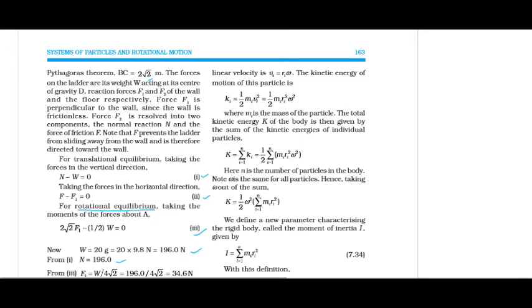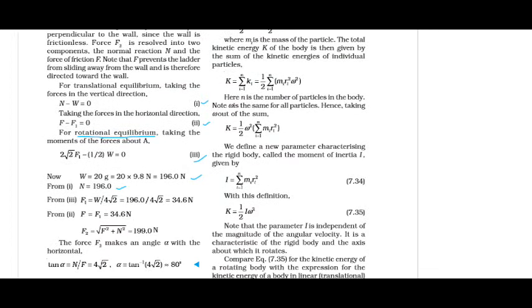Putting this value in equation 3 we can find the value of F1, and from 2 we can find the value of F. And we can find the angle if tan alpha is equal to N by F. Therefore we know N and F, so we can find the value of alpha, that is 80 degree.